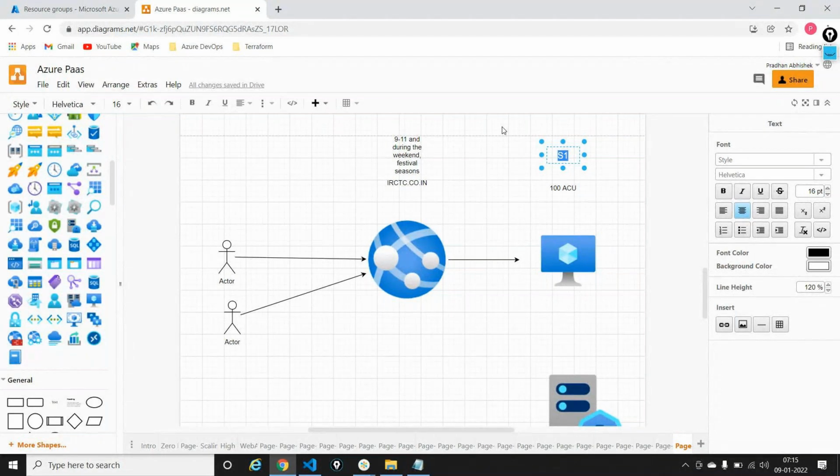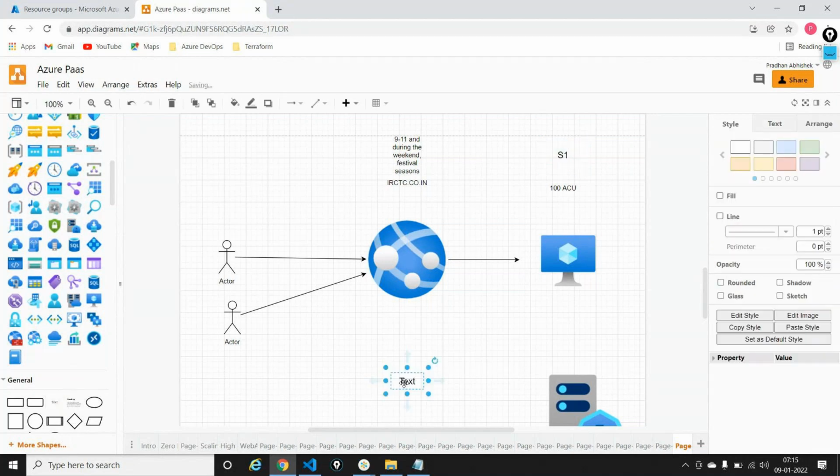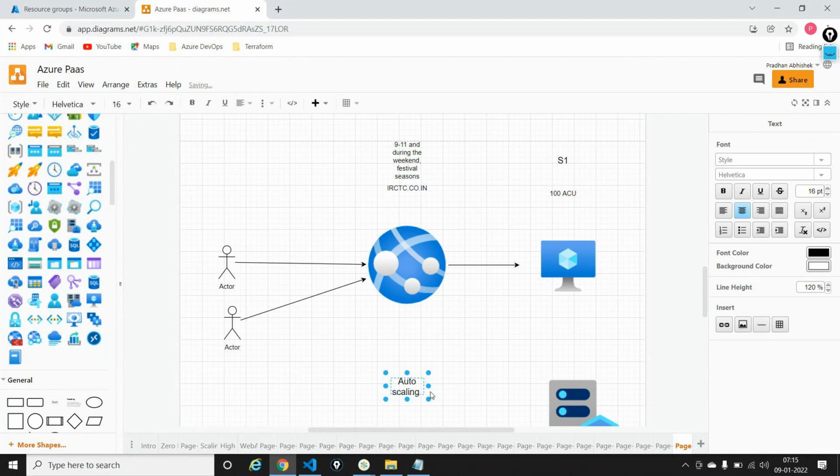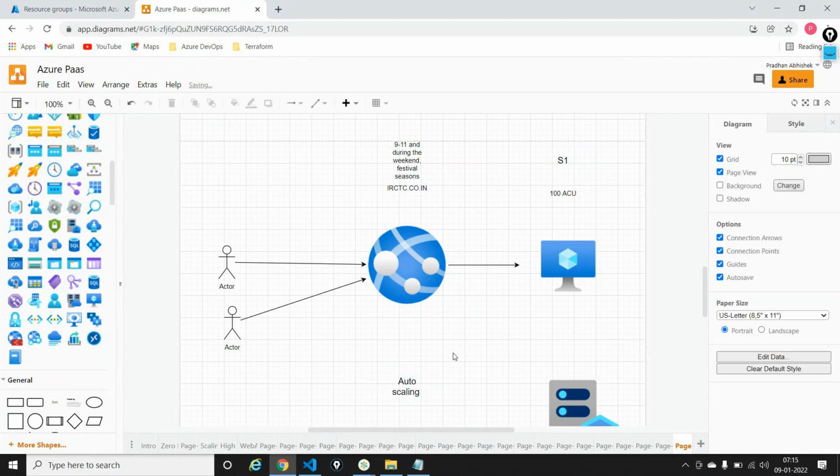This is where a concept called auto scaling comes into the picture. What exactly do I mean by auto scaling out here is that especially during this time window, during the 9 to 11 kind of season or during the festival season, I want to temporarily add virtual machines in the backend, because one virtual machine is not sufficient.